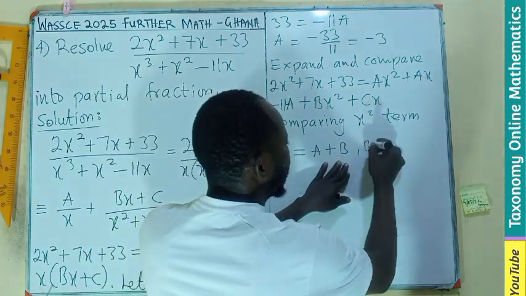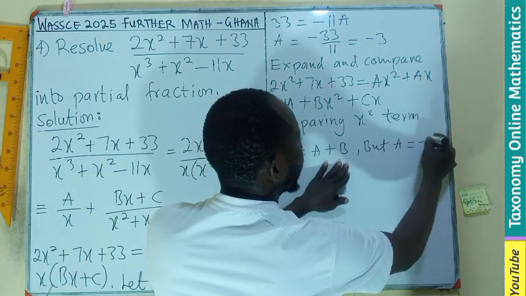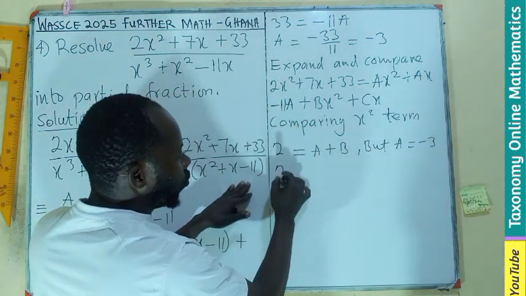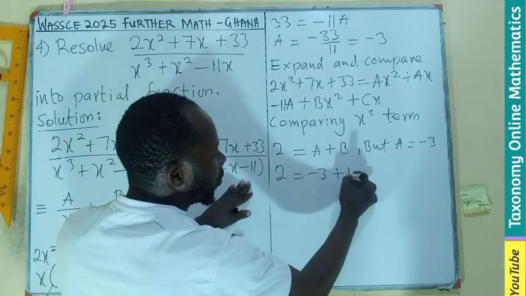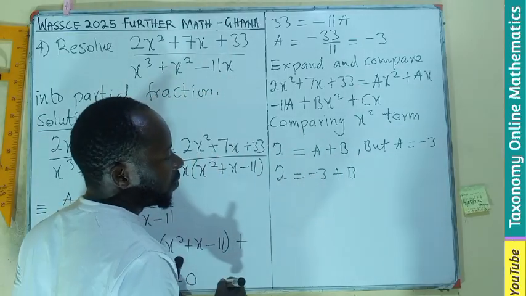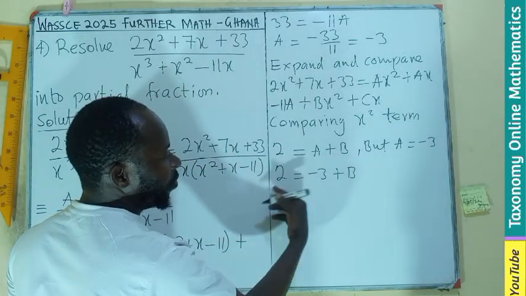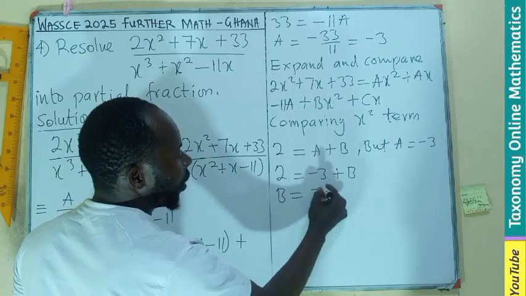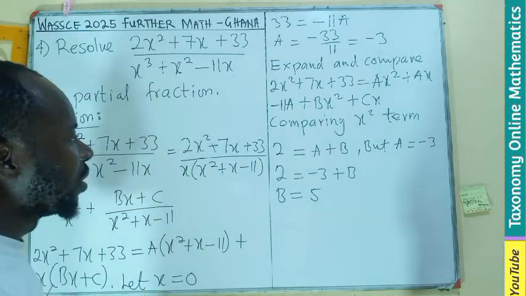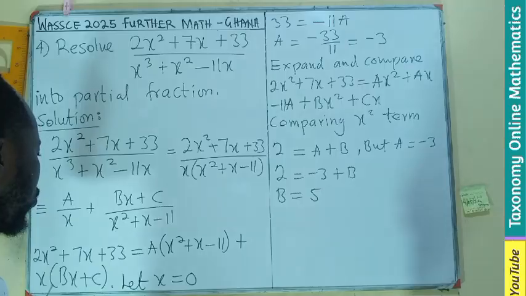Since A equals −3, 2 equals −3 + B. So B will be equal to 5.